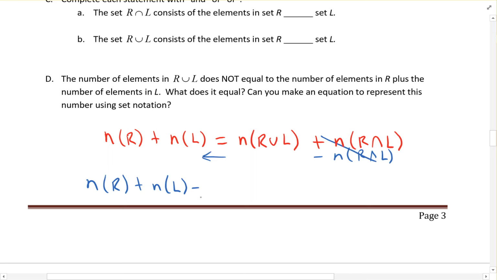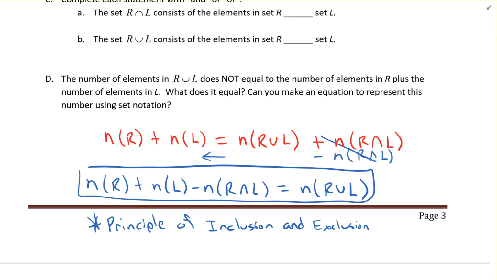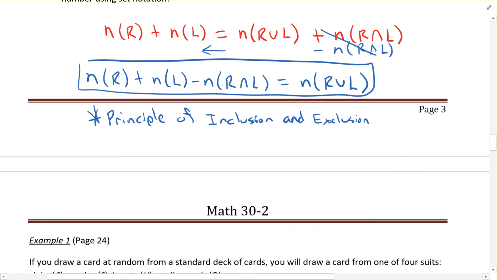So minus the number of elements of R intersection L is going to be equal to the number of elements in R union L. So what we have right here is what's called the principle of inclusion and exclusion. I know it's a long name, but I had to write that underneath here. So that's our principle of inclusion and exclusion. All right.